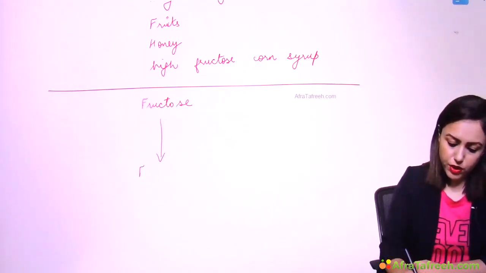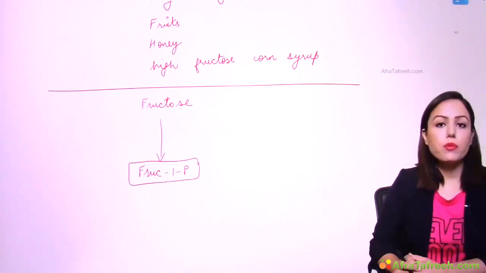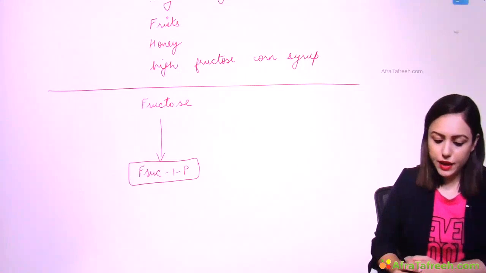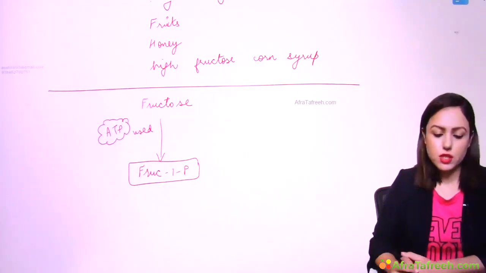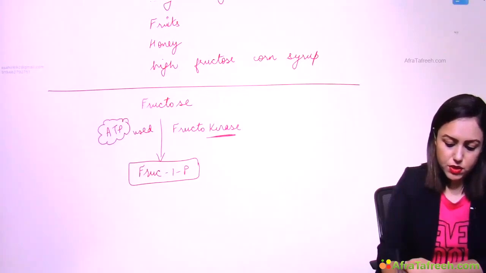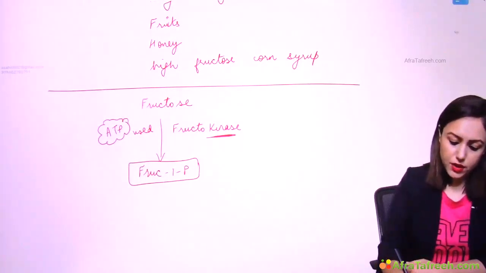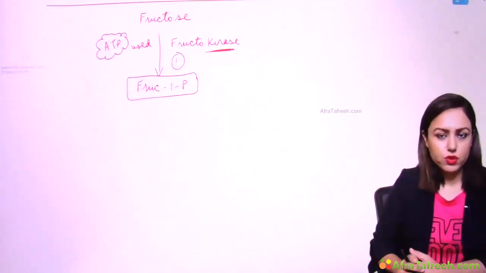So phosphorylation will occur and fructose 1 phosphate will be formed. As we are adding a phosphate group, 1 ATP will be used here. And what will be the enzyme? Enzyme will be kinase, right? So this is fructokinase, and it is the first step in the metabolism of fructose, okay?